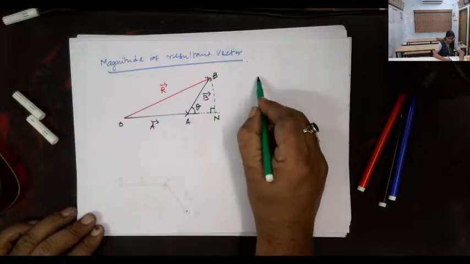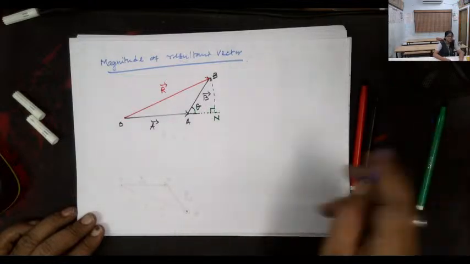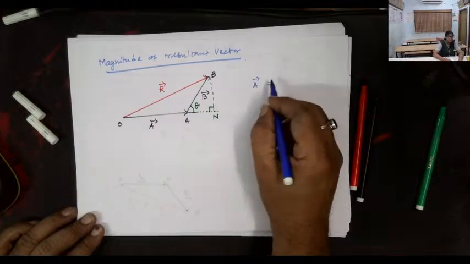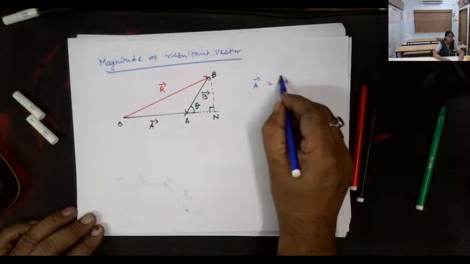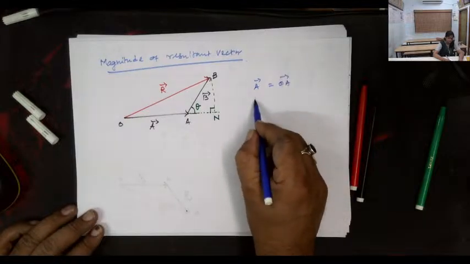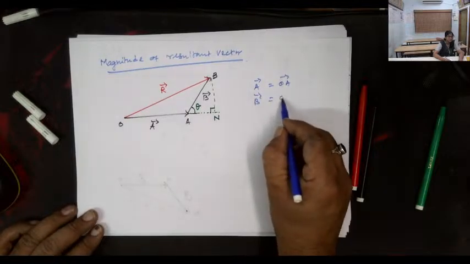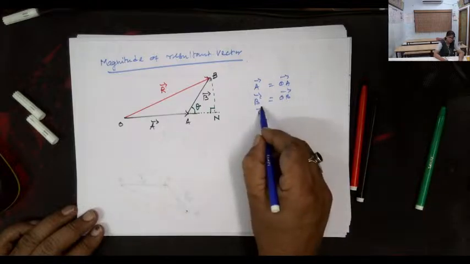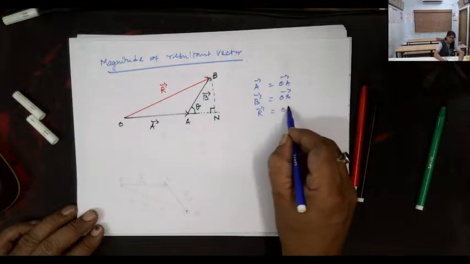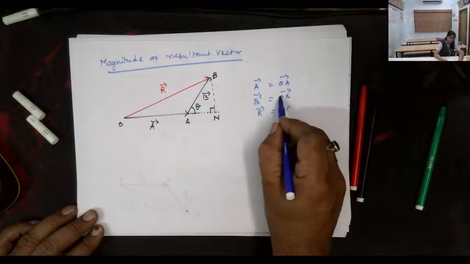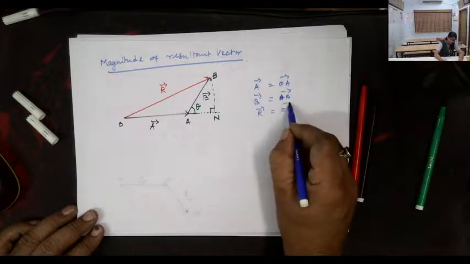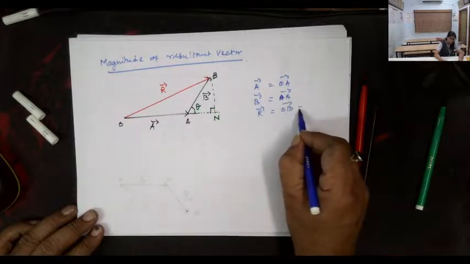So what is A? A is equal to a vector, that is OA. What is B vector? That is nothing but OB vector. And what is R vector? That is nothing but AB vector. This is AB vector, this is OB vector. That is the resultant vector.